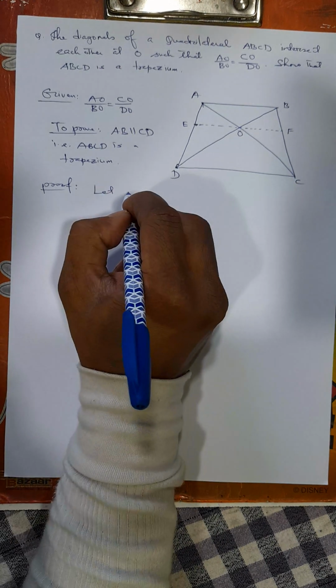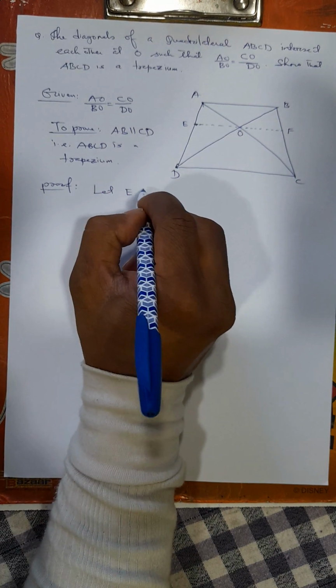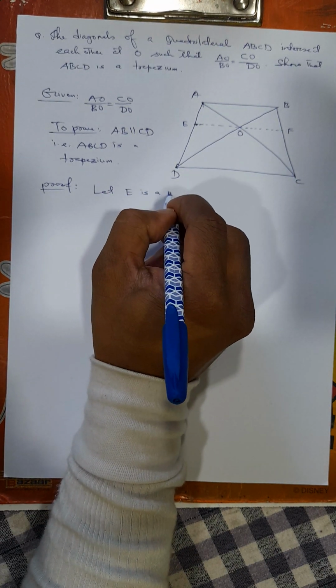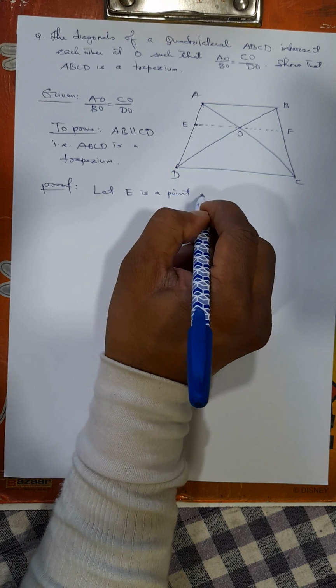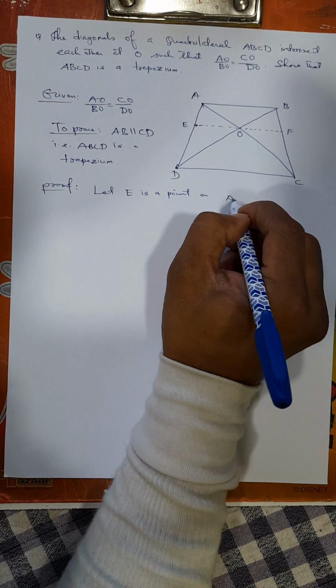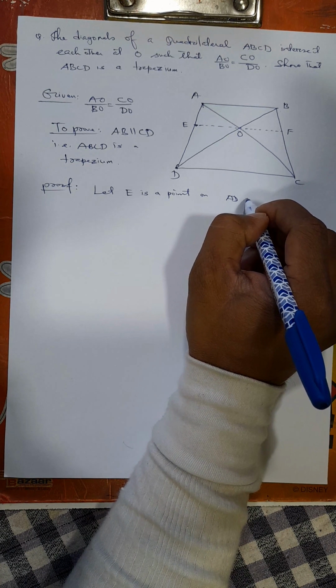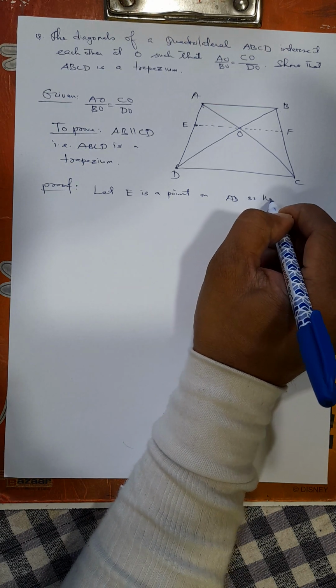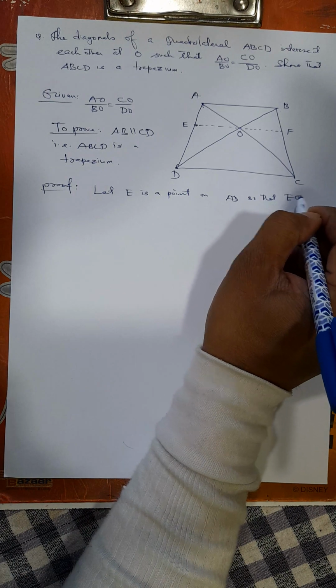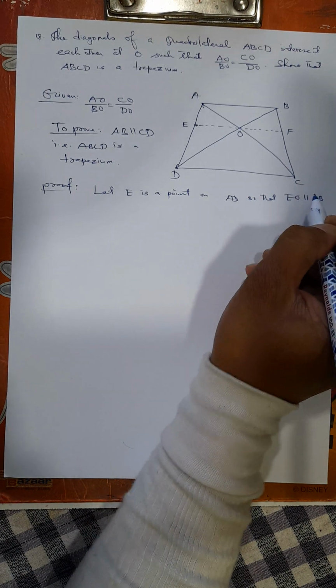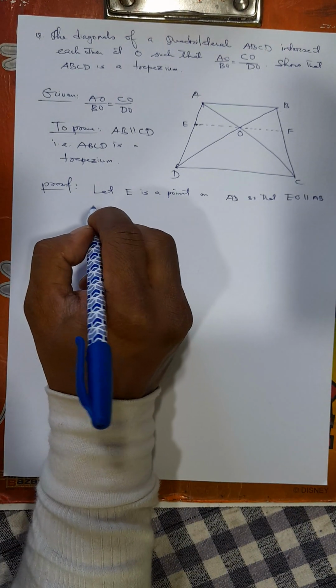Let E be a point on AD so that EO is parallel to AB. Right?